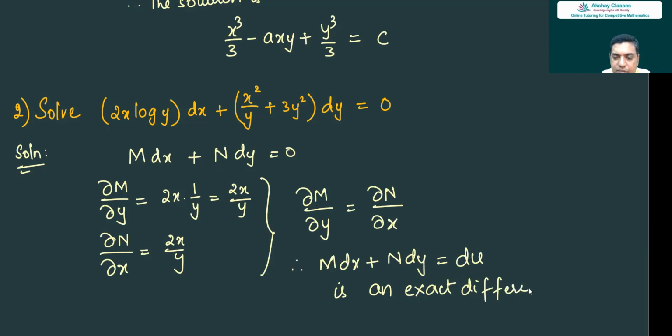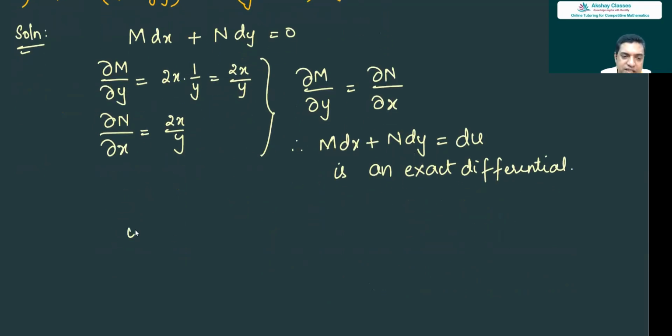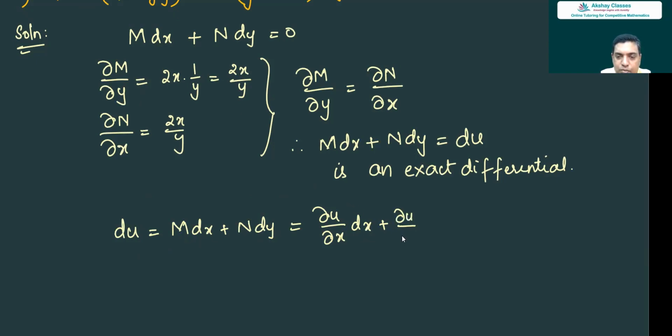It's an exact differential du. So I have to find this u. Okay, so u basically is M dx plus N dy. All right, we'll come back to this. du is M dx plus N dy, which is dou u by dou x dx plus dou u by dou y dy.